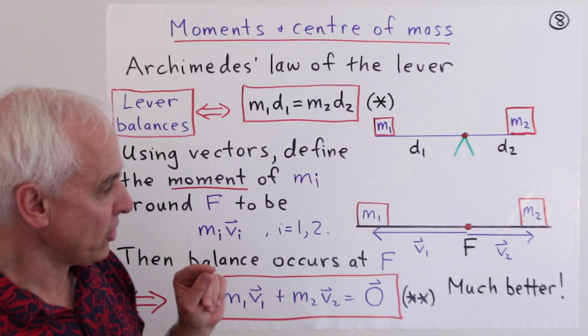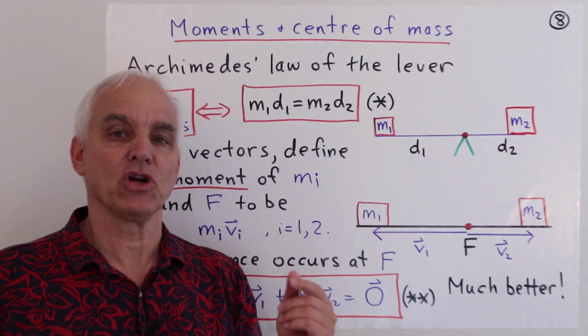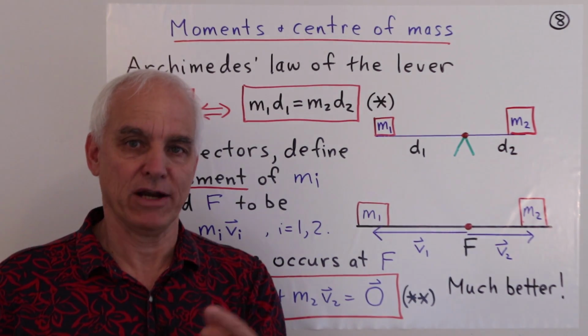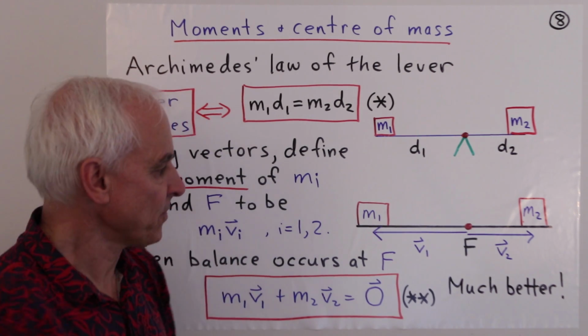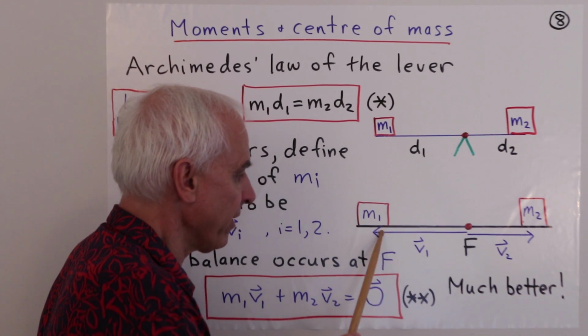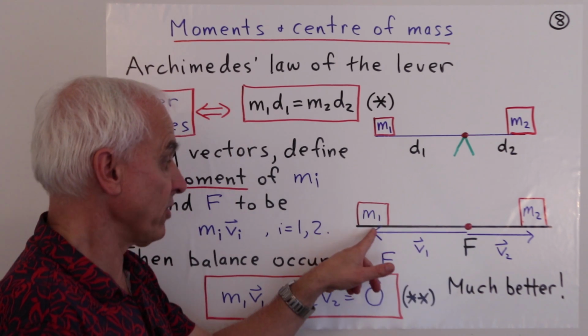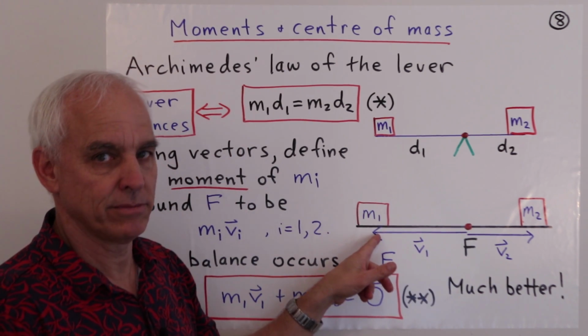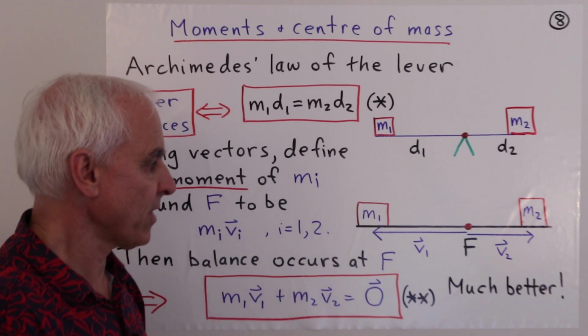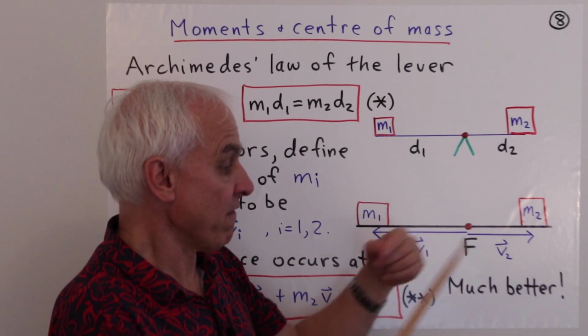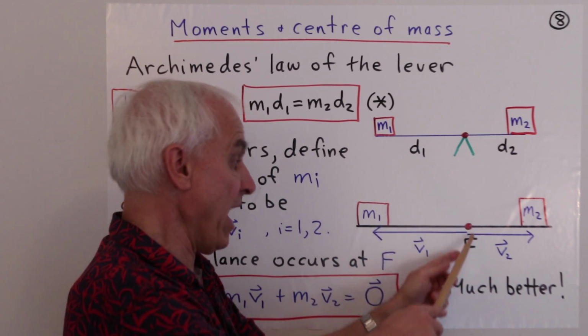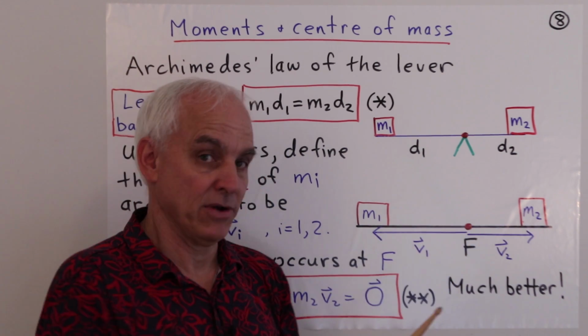And now let's think not in terms of distances, but rather in terms of displacements, or vectors. Okay, so here we have a vector V1. This is the displacement from this point to the point right under the mass M1. That's the vector V1. And V2 on the other side is the vector which is the displacement from F to the point underneath M2.